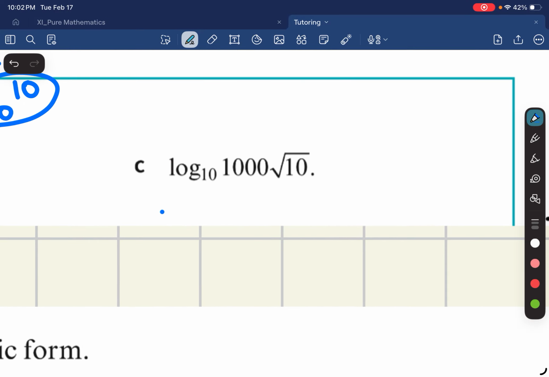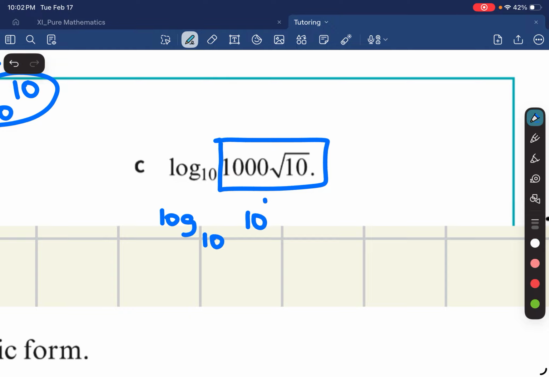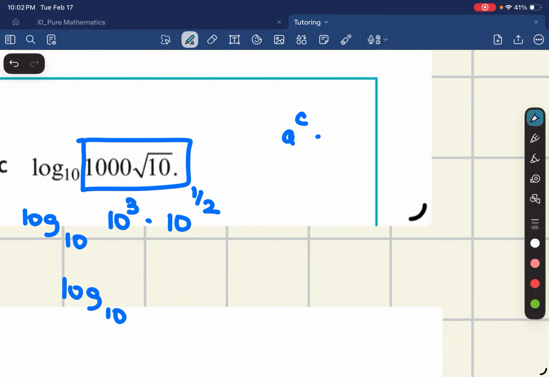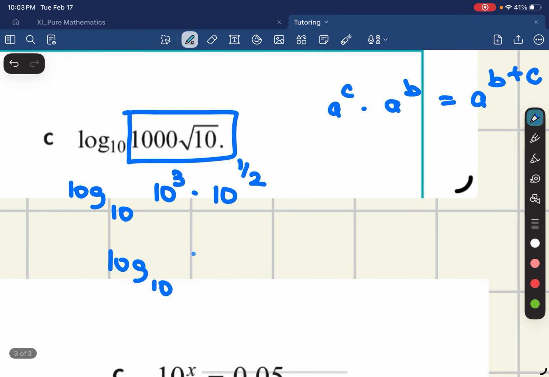This is an interesting one because we want to simplify this. We want to write it in the base 10. So I have a log base 10. 1000 is 10 to the power 3. Square root of 10 is 10 to the power half. And knowing the laws of exponents, if I am multiplying a to the power c times a to the power b, this is equal to a to the power b plus c. So I am going to add 3 plus half.